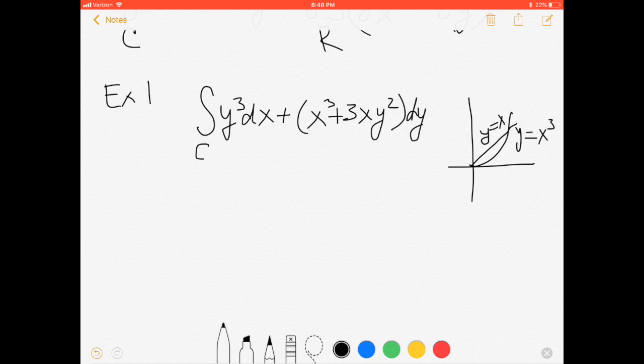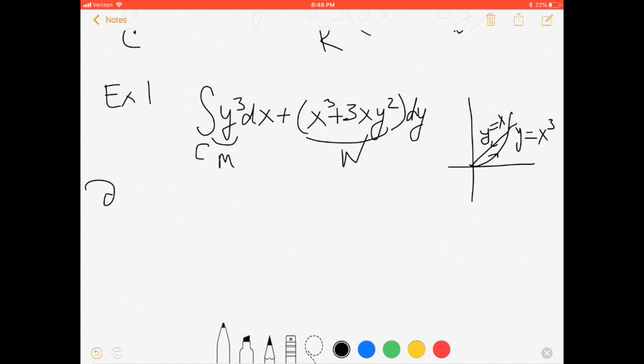And you remember we have counterclockwise orientation. This means I have something like this and this. This function, y cubed, will be M. This function will be N.